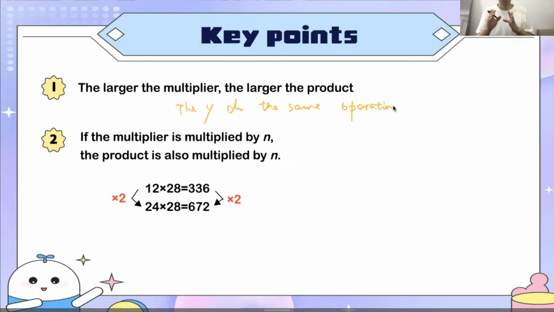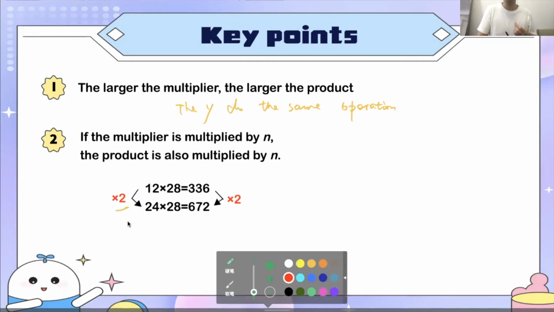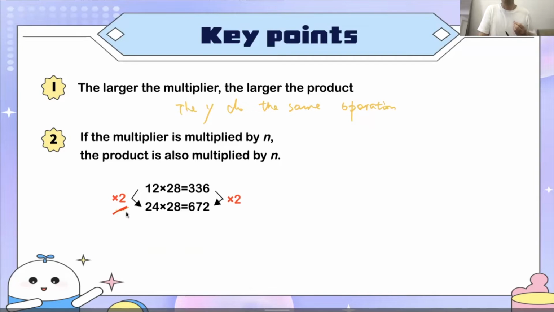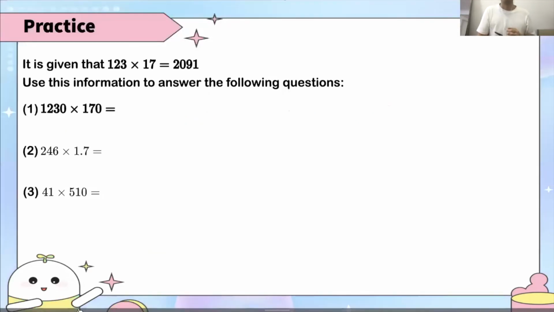And if the multiplier is multiplied by n, the product is also multiplied by n, right? So you already know if we times 2 on one multiplier and we do nothing on the other multiplier, for the product, we just times 2. Okay. And we have a practice here.